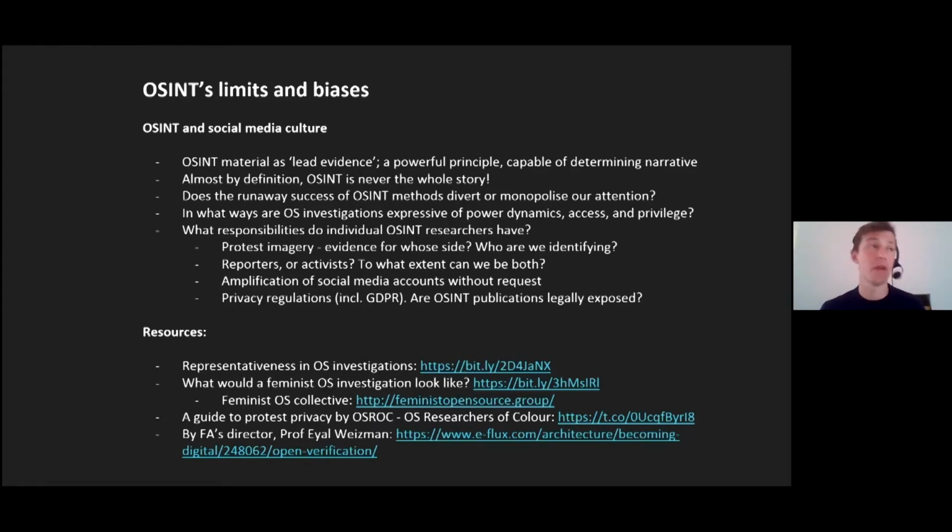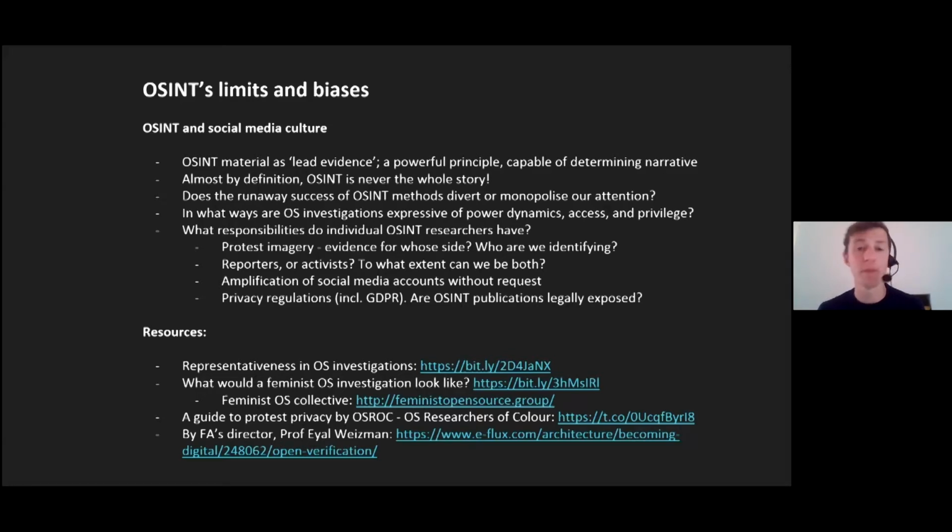OSINT material can be really powerful as what we call lead evidence. Again, the spectacular, the thing that draws you into the investigation. We found this video of an airstrike. We found this video of a police shooting. Now we want to investigate the whole case. And we have to be careful there, because powerful visual material like that is capable of determining narratives and setting narratives before the whole picture has really emerged.